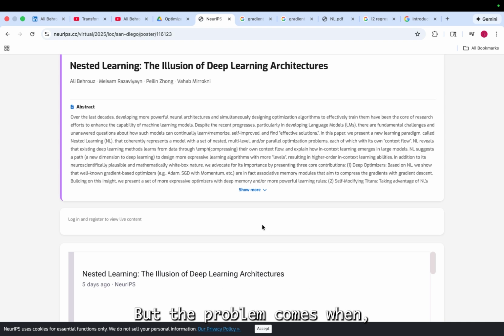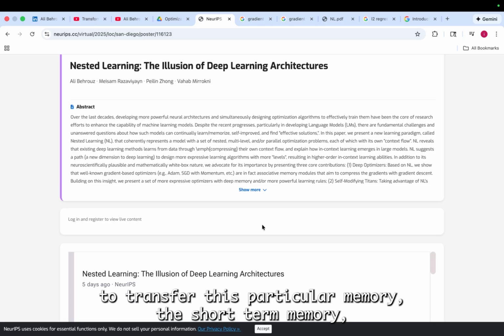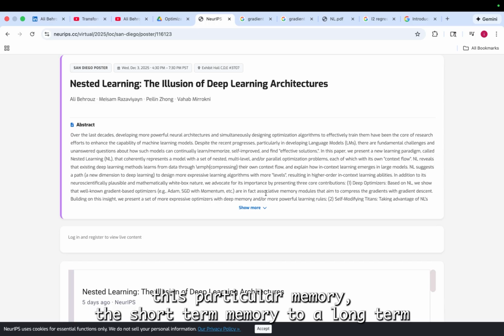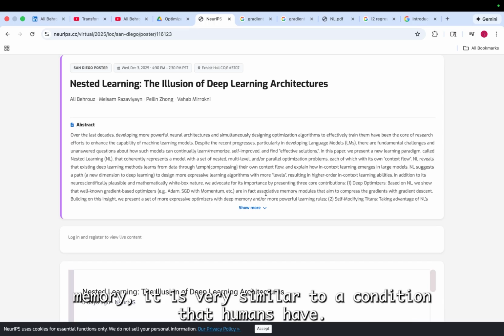But the problem comes when the model tries to transfer the short-term memory to the long-term memory. When a model is not able to do that, it is very similar to a condition that humans have.